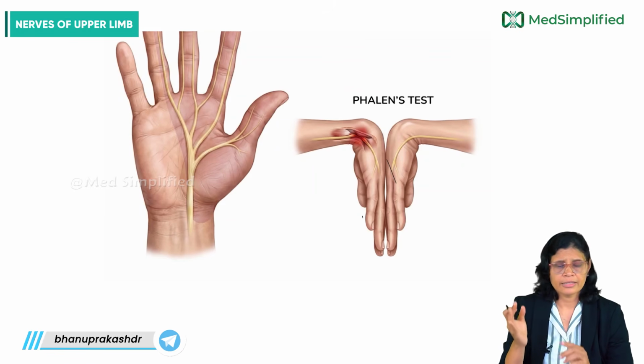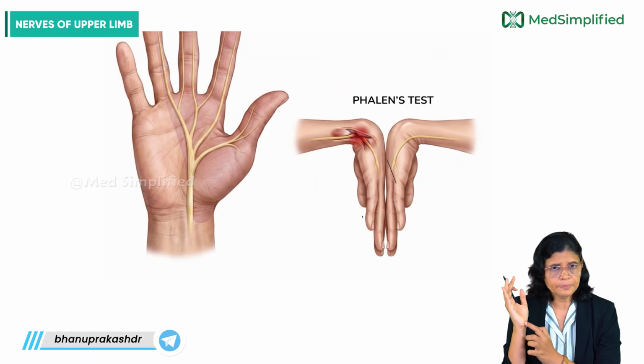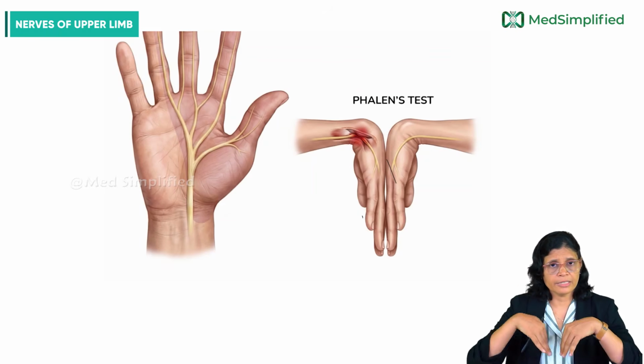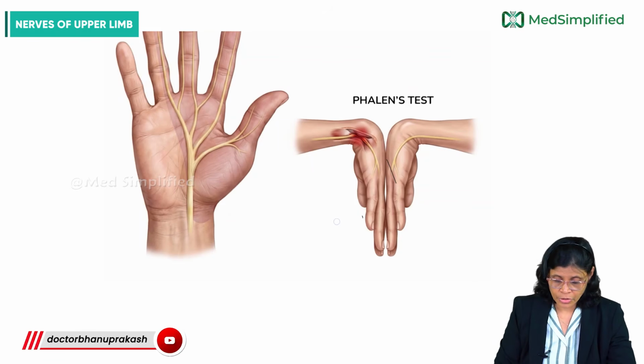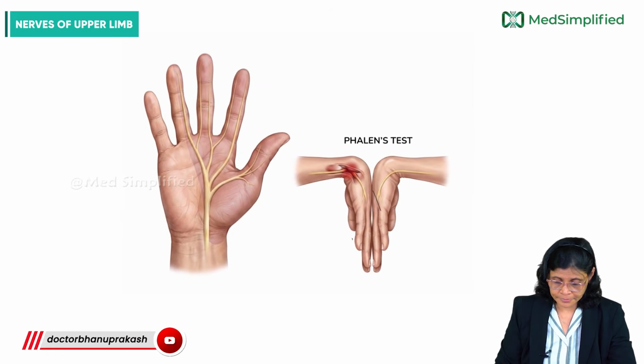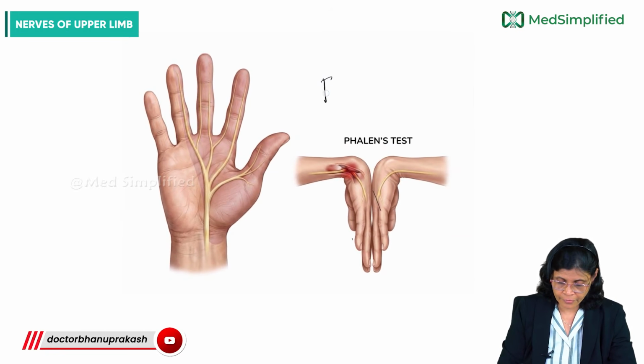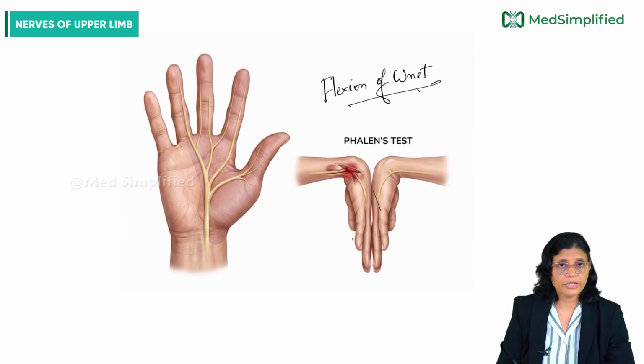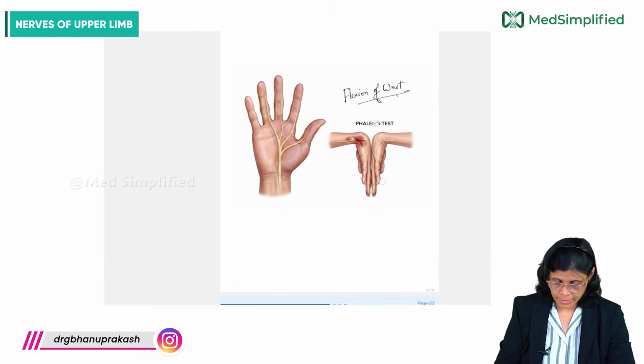Basically, in Tinel we tap or percuss and that reproduces the symptoms. In Phalen's we oppose at the wrist, bringing about flexion, and that reproduces the symptoms. So this is all about the injury of the median nerve.